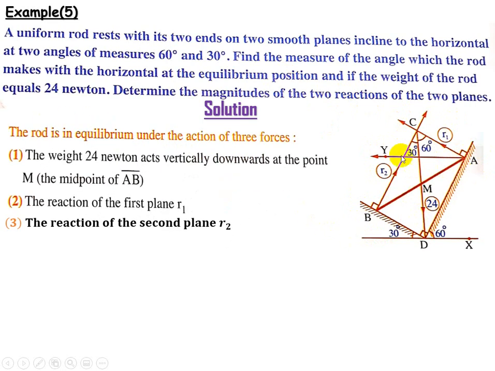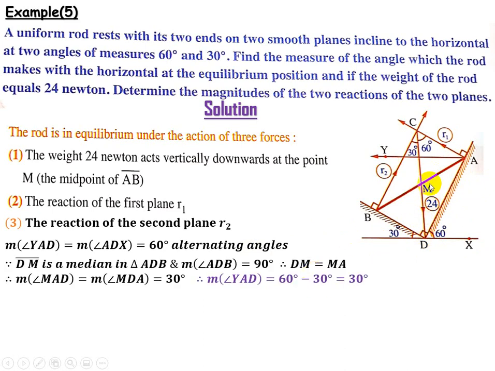We have here AY and XD are parallel, so angle XDA equals angle YAD equals 60, alternate angles. And you know that DM is a median going out from the right vertex equal to half the length of the hypotenuse, which means that DM equals MA and equals MB. So the triangle AMD is an isosceles triangle, which means that angle MAD equals angle MDA equals 30.